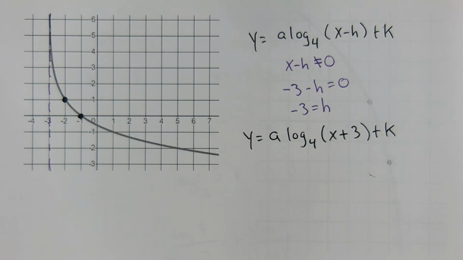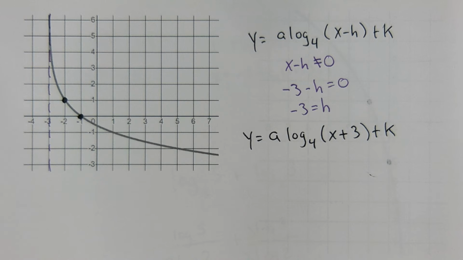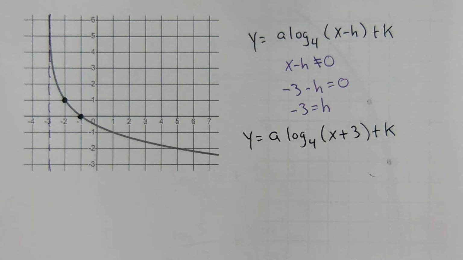Just like with exponentials, the point that is closest to the asymptote is always going to follow a very specific rule. For the exponentials, the point that was closest to our asymptote was going to be the x that makes the exponent equal 0. This time, it's going to be the x value that makes the logarithm equal 0.